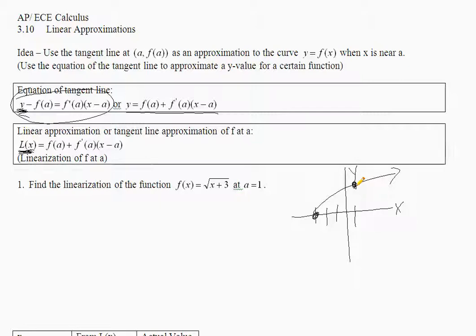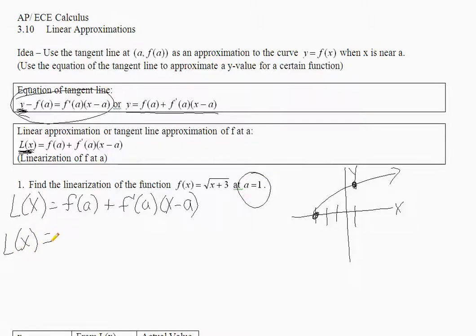Okay, so to do this, linearization is L of x equals f of a plus f prime of a times x minus a. Okay, and what's a? A is 1. So right away, I know my linearization is going to be f of 1 plus f prime of 1 times x minus 1.